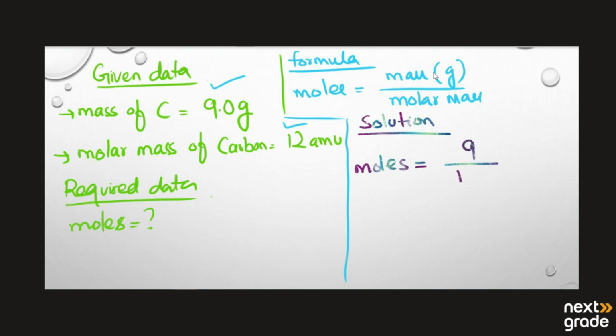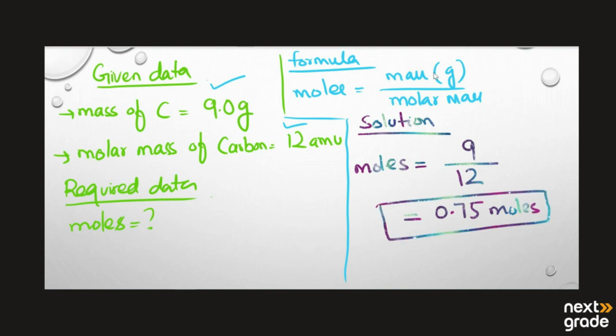So the number of moles we get is 0.75 moles. So if we have 9 gram of carbon, it has a total of 0.75 moles. This is the simple way that we can find the number of moles.